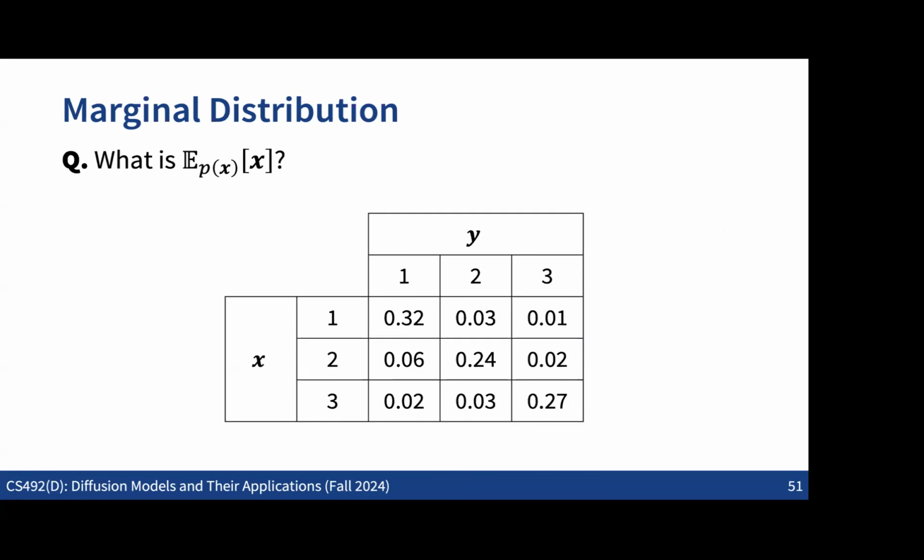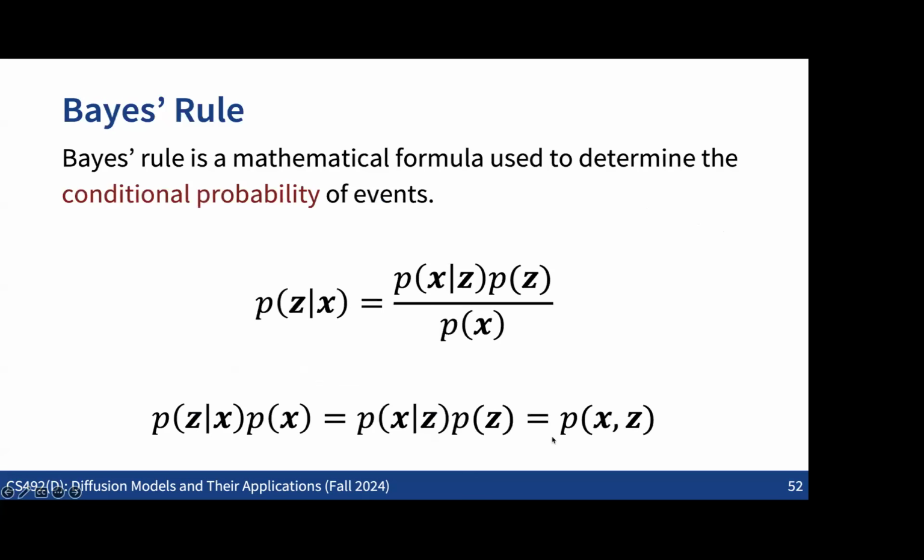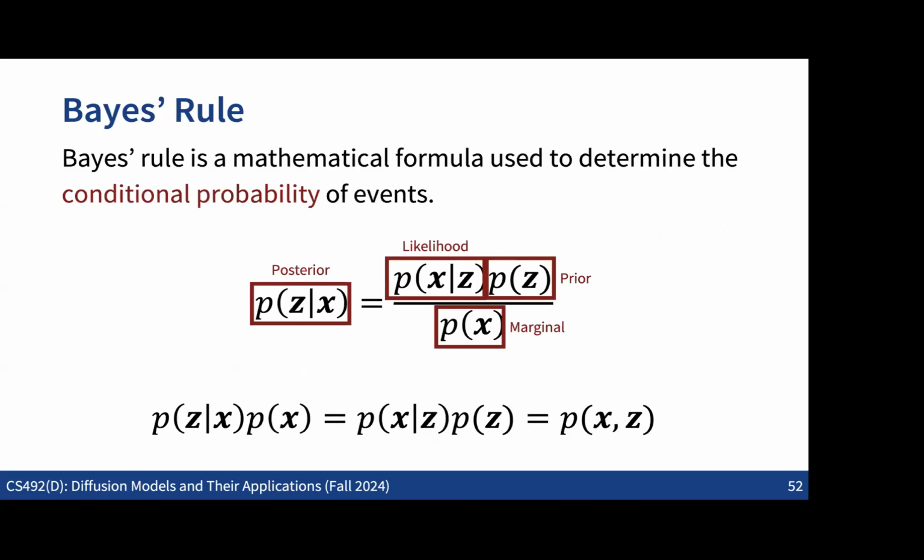So yeah, easy. Bayes rule, I guess most of you know, shows the relationship between the marginal distribution and the conditional distribution, right? We know this fact, connecting the joint distribution with the conditional and marginal distributions.